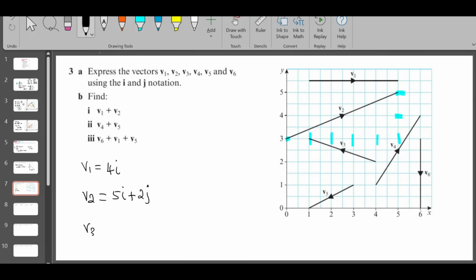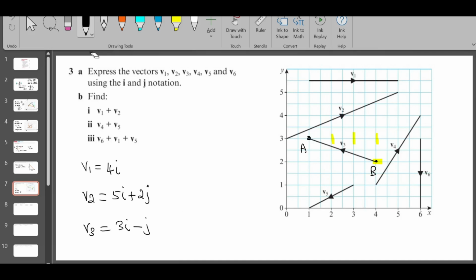Let's look at v3 now. v3, 1, 2, 3 units right side, 1 unit down, so 3i minus j. But you need to pay attention to the direction. What we calculated is starting from here, let's say this is A and this is B. What we have here is AB vector, but we need BA vector, right?